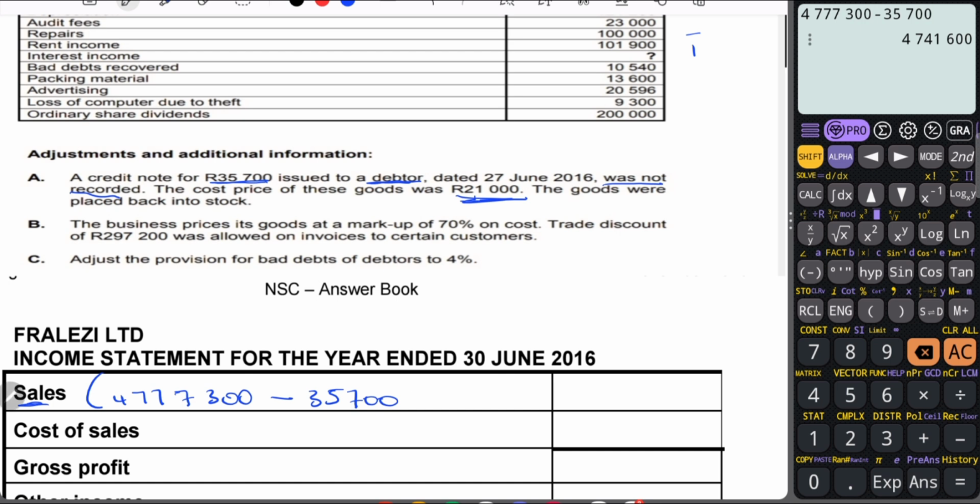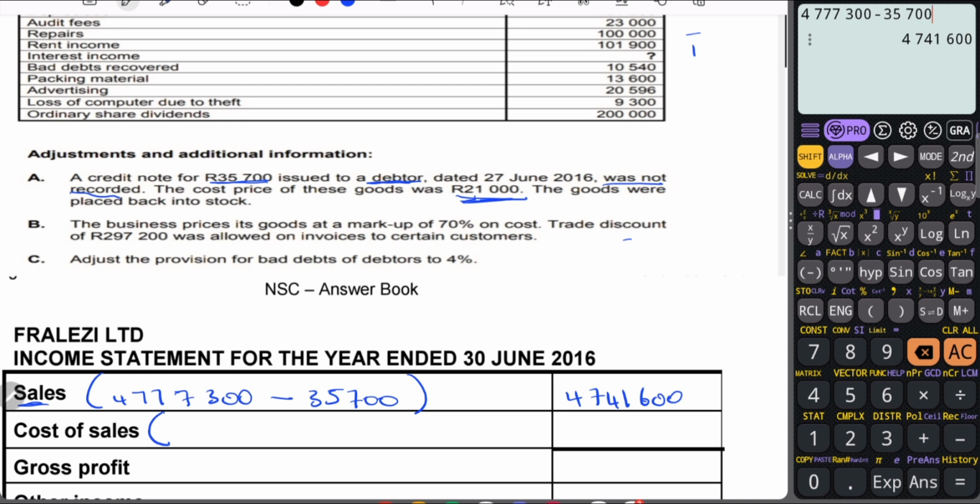So guys, step number 1, let's calculate our sales now. Our sales is going to be 4,741,600. Here we are told that a trade discount of 297,200 was allowed on invoices to certain customers.